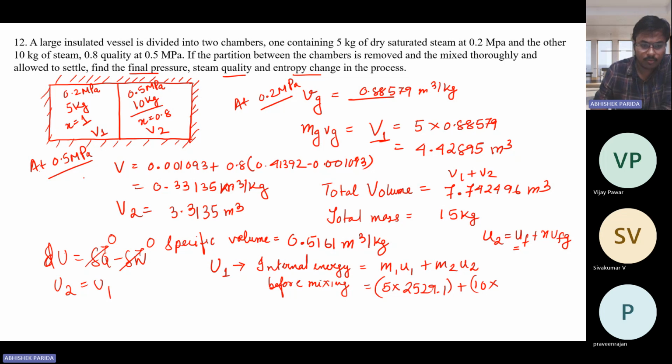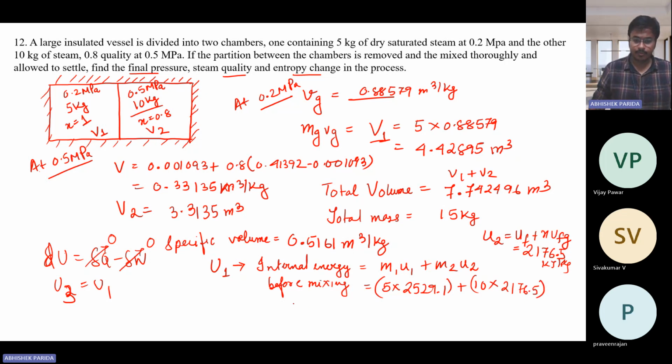You might be confused, so let it be U3. Are you calculating? 2176.5 kilojoule per kg. Okay, I am trusting this one.